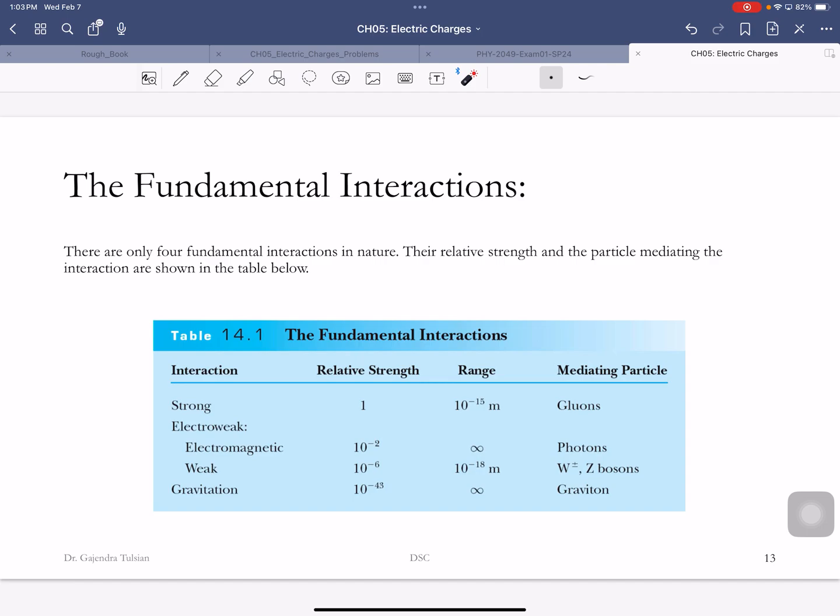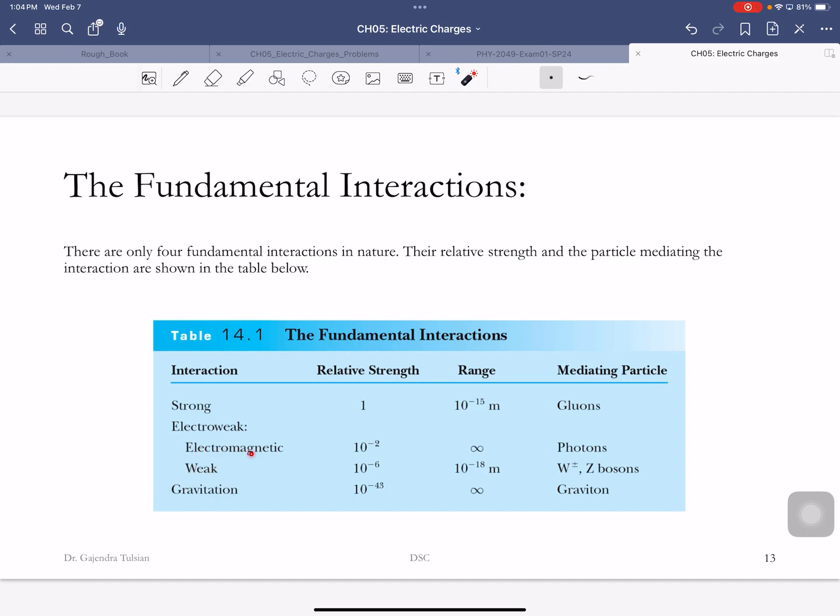All right. What this slide shows you is that at the fundamental level, there are only 4 interactions. So there are only 4 forces in nature: the strong force, the electroweak force, which is a combination of the electromagnetic force and the weak force, and the gravitational force.